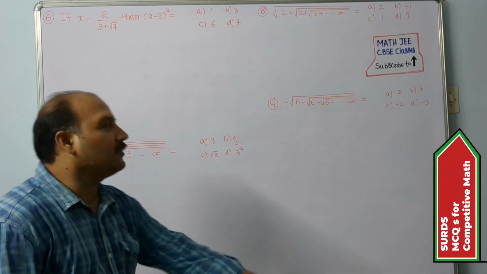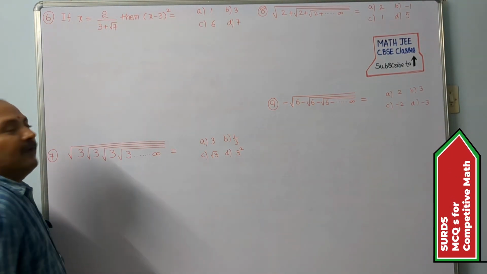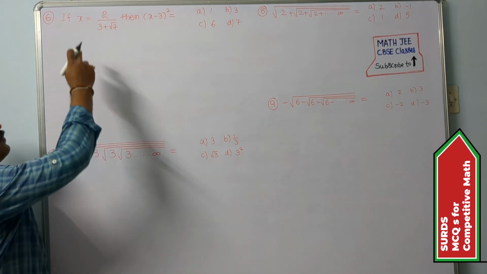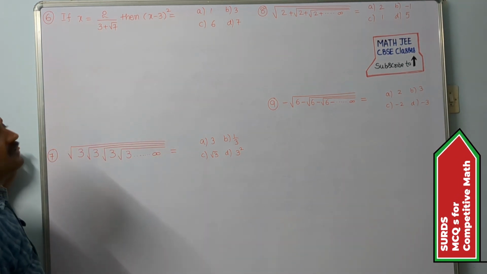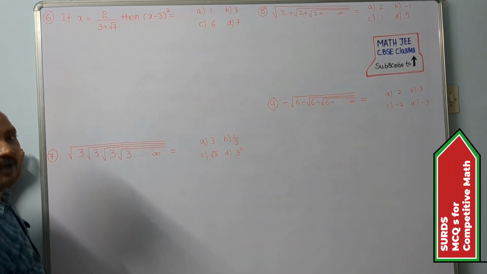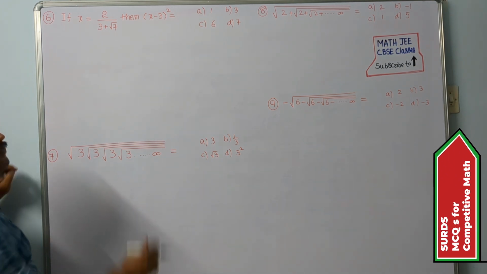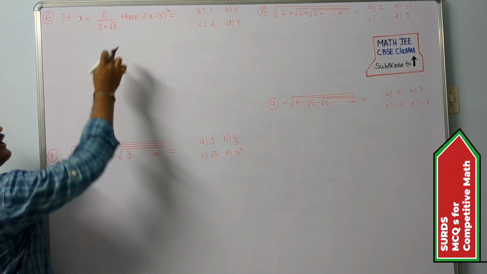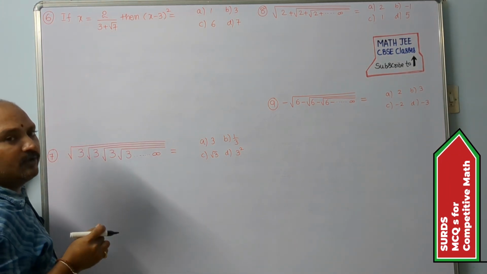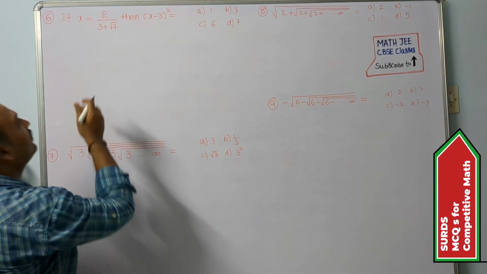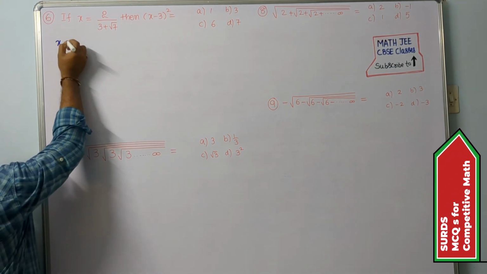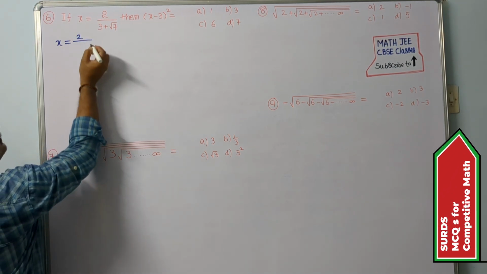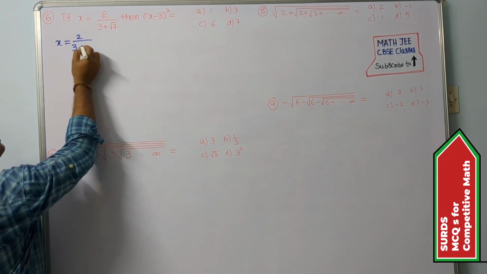The next question. If x is equal to 2 by (3 plus root 7), then (x minus 3) whole square is equal to? So options are given. First, in the given x value, the denominator is a surd. You can rationalize the surd. So x equal to 2 by (3 plus root 7).